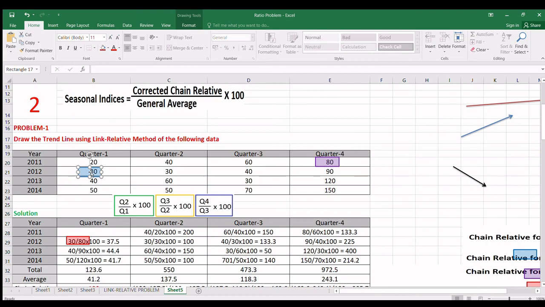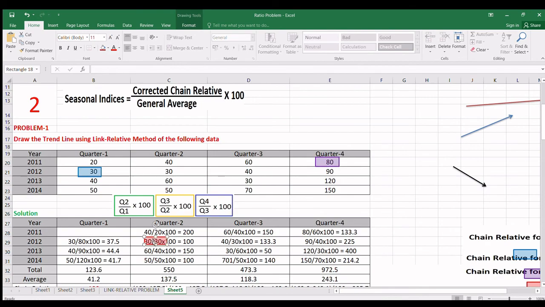The fourth quarter of 2011 will be the previous quarter of 2012 quarter 1. So I get 30 by 80. Here 30 is the value of quarter 1 of 2012, and 80 is the quarter 4 value of 2011. So 80 is previous and current is 30.